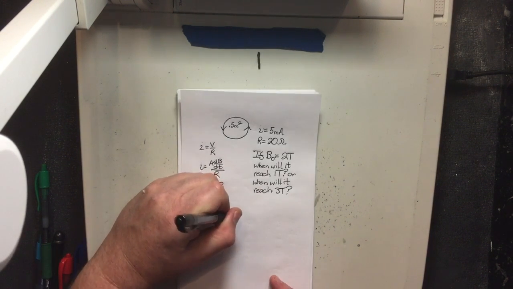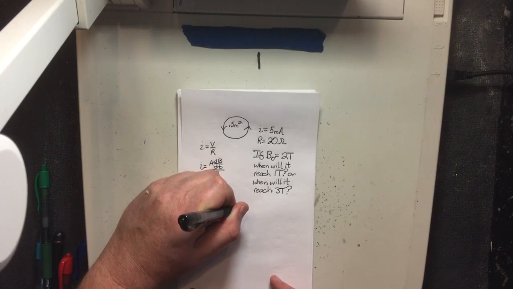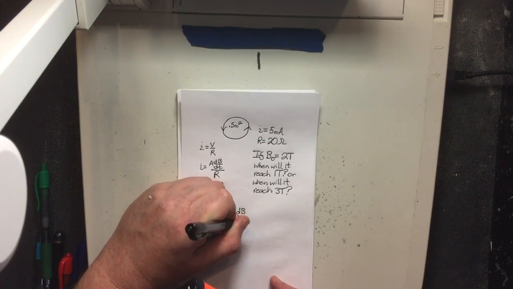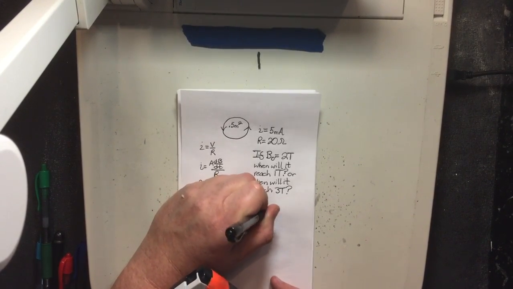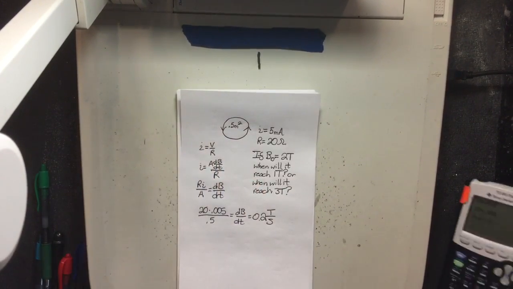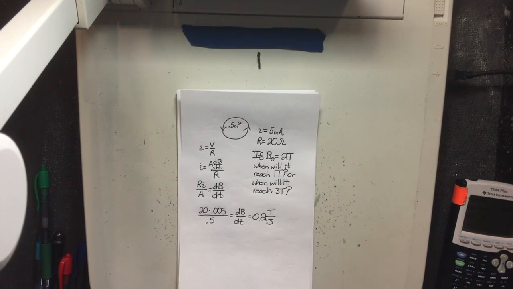And that gives me a dB dt magnitude of 0.2 Tesla per second. Now that just gives me the magnitude.